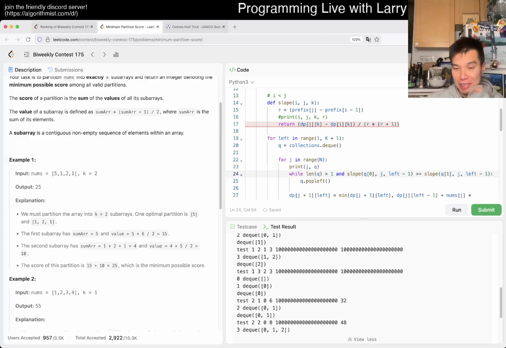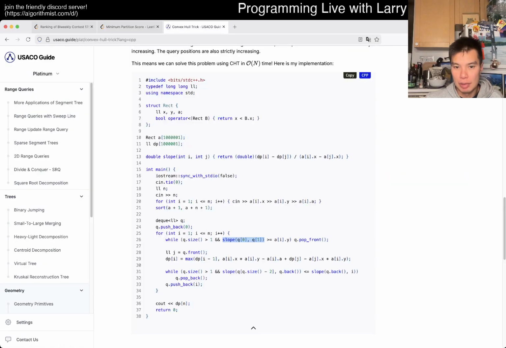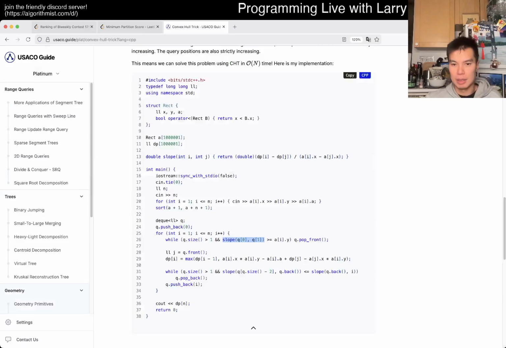This is what happens when you haven't done something in like 10 years. So let's just keep these as the indexes first. And this would be consistent.